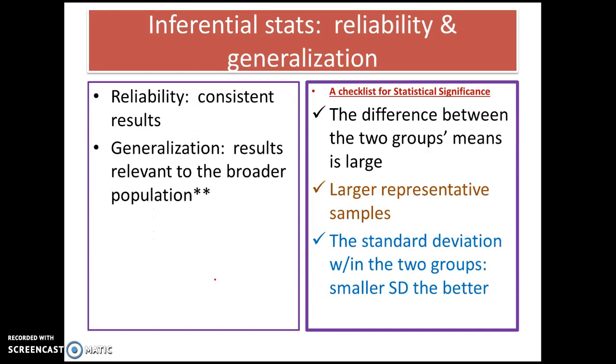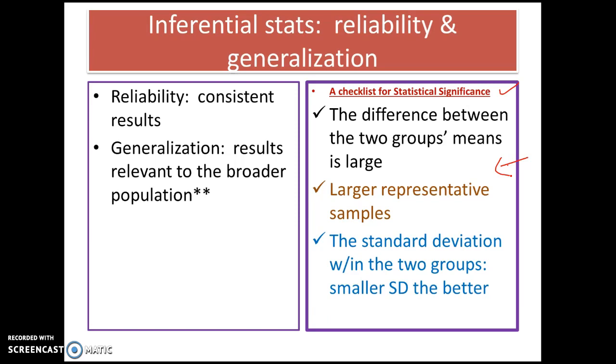Okay, so what was Myers trying to say about reliability and generalization and this checklist almost for statistical significance that he put forth? I'm going to conflate those two sections into one. I want you to think of it as a checklist for statistical significance. So stay with me on this side of the screen, okay?